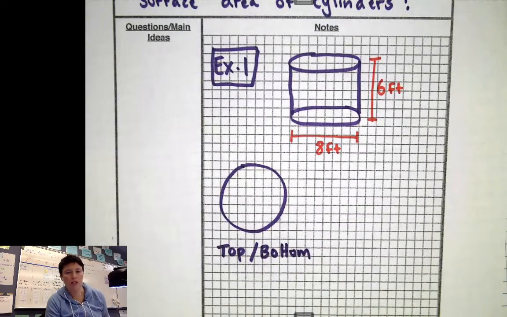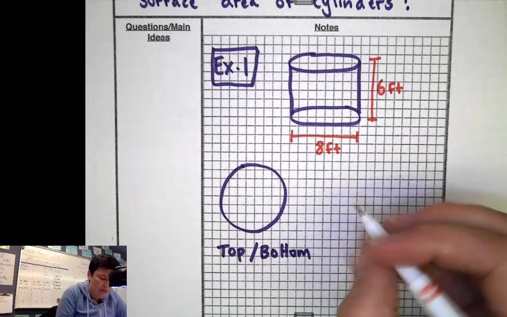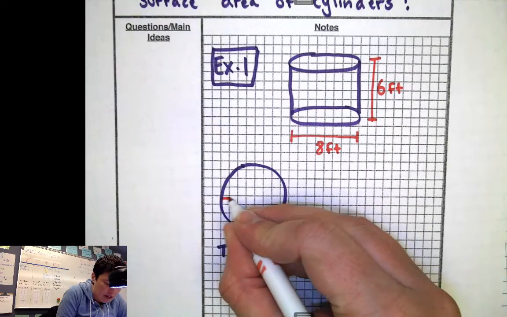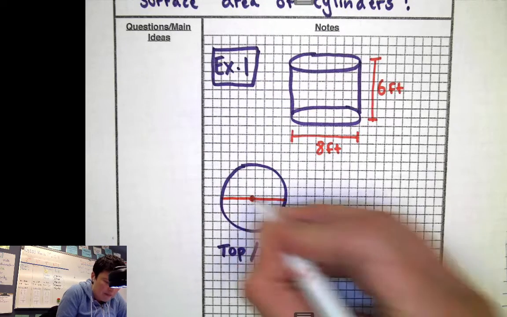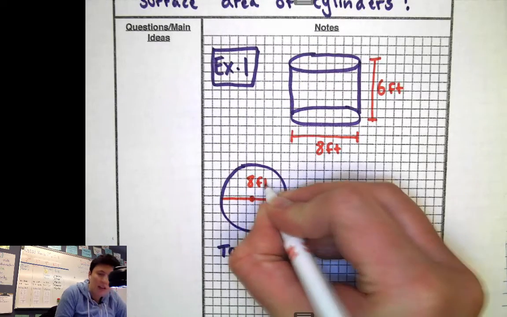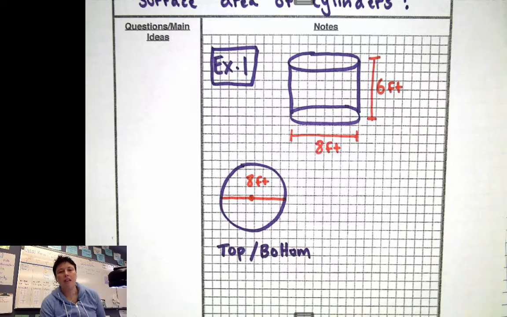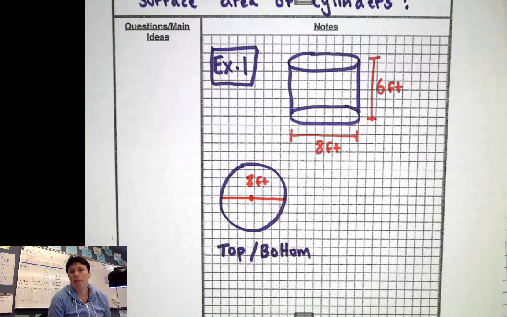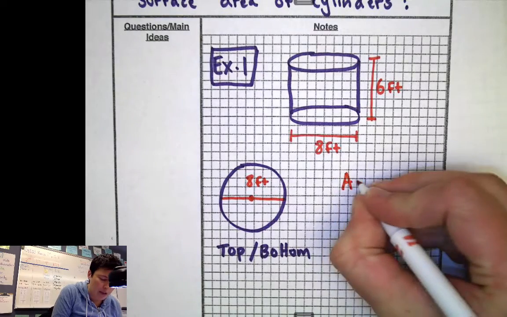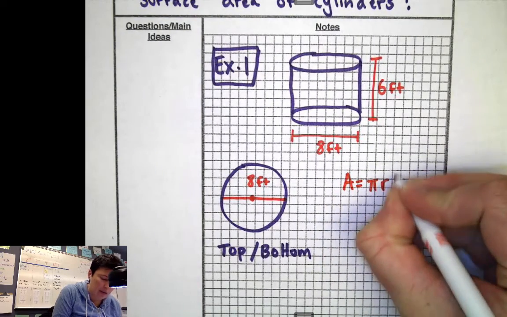And then I'm going to put my measurement in there that it measures 8 feet across. 8 feet. So how do I find the area of a circle? Well, we've memorized that. We know that area of a circle is a formula. A equals pi r squared.